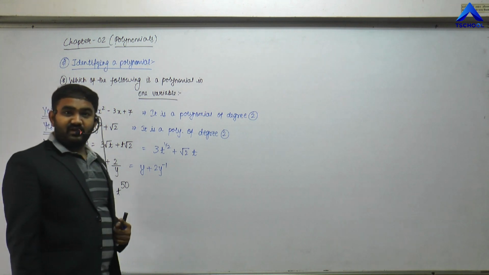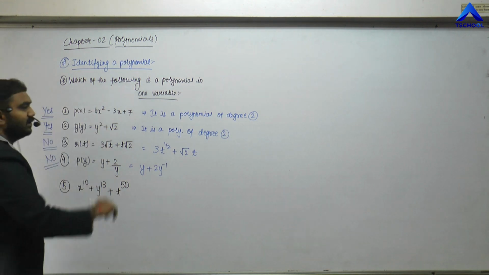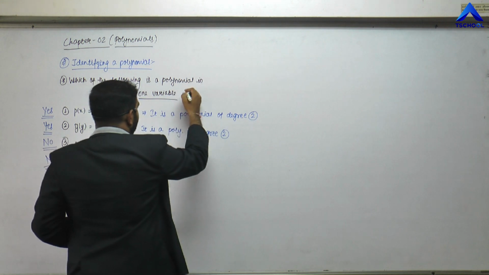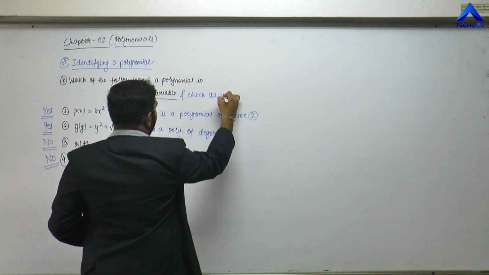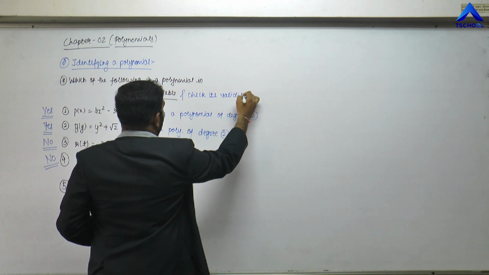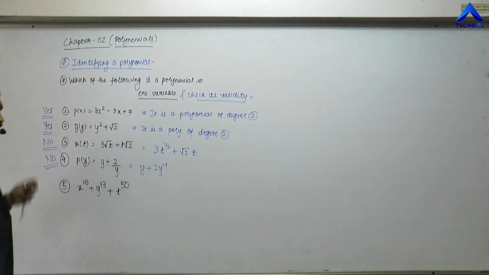But with this we also discussed whether they are valid or not. Which of the following is a polynomial in one variable, and check its validity. Validity means is it valid or not. So the first and second are yes, the third one is no, right?